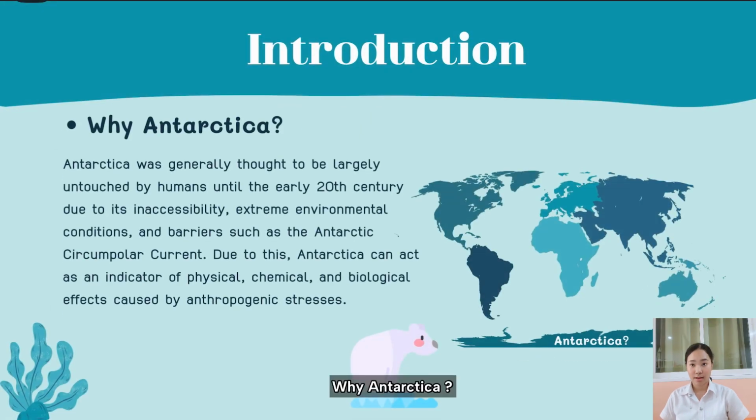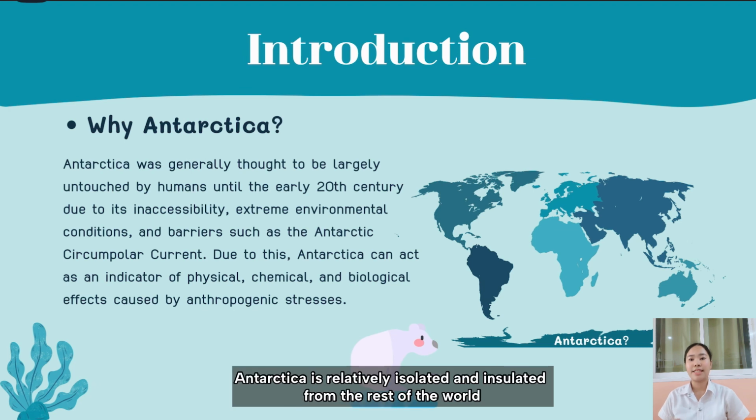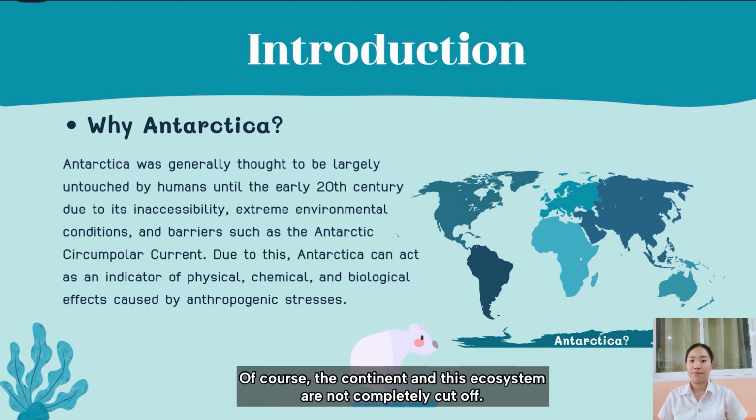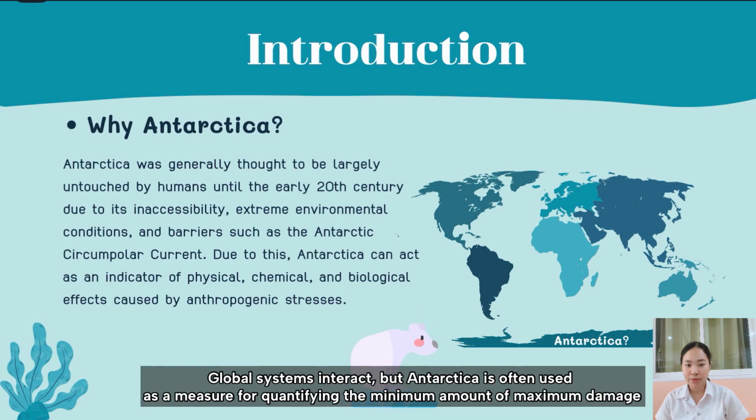Why Antarctica? Antarctica is relatively isolated and insulated from the rest of the world and has dense anthropogenic activity. Across the continent and the ecosystem are not completely cut off.